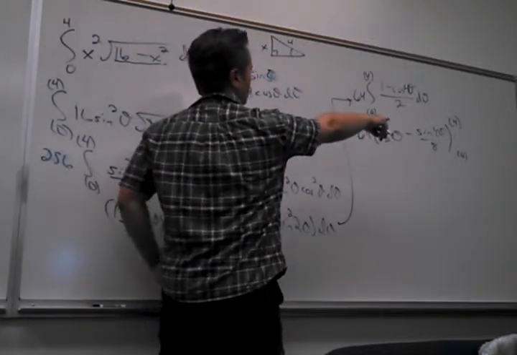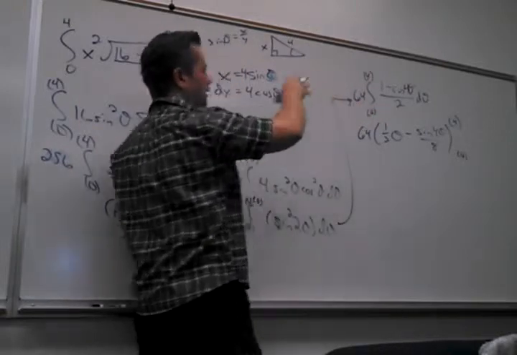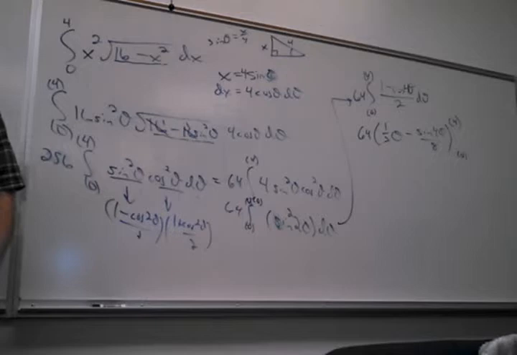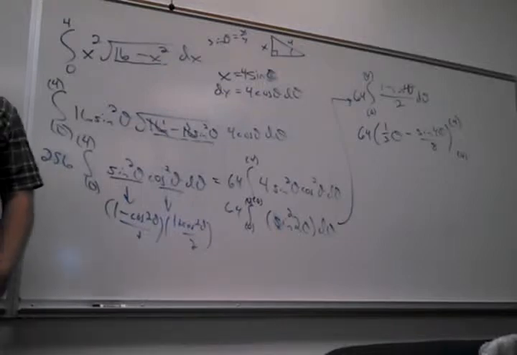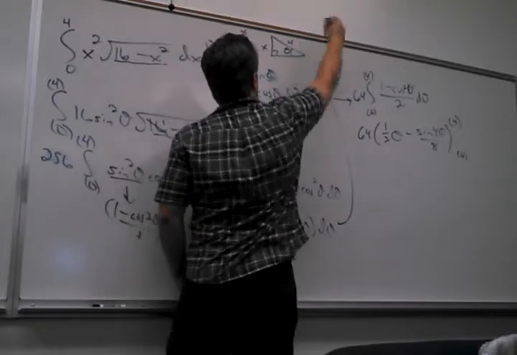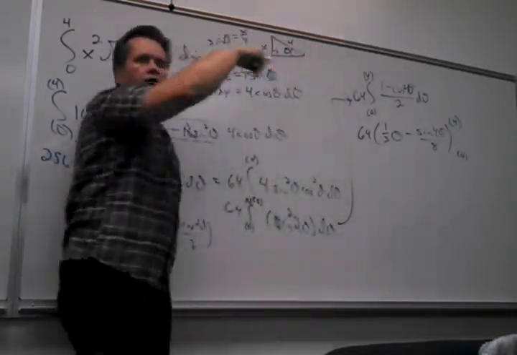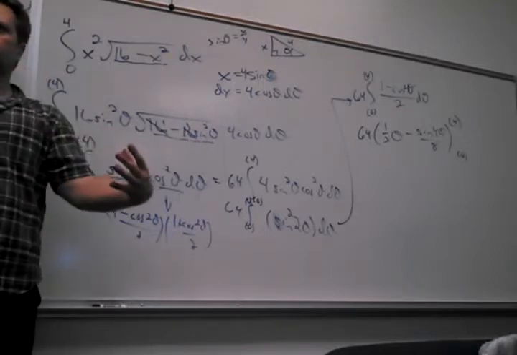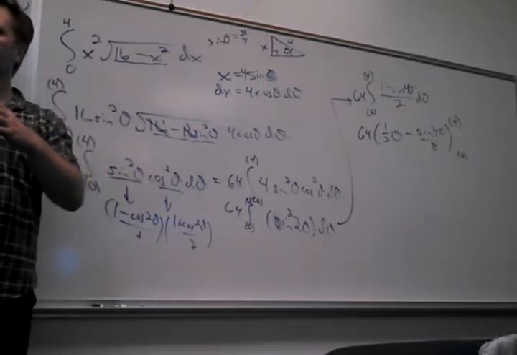Now I just need to know sine of 4 theta. Here's the trade-off for doing it this way. To figure out sine of 4 theta, how am I going to do that? I really want you to understand, if this is theta, 4 theta is going to be 4 times that, and I have to rewrite sine 4 theta in terms of trig functions of theta alone.